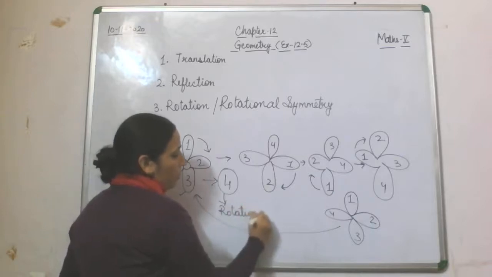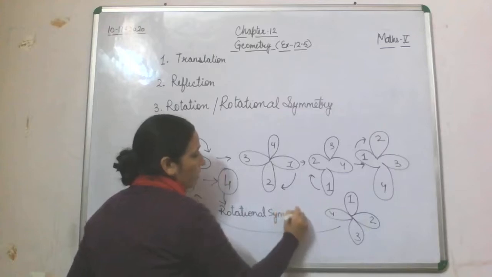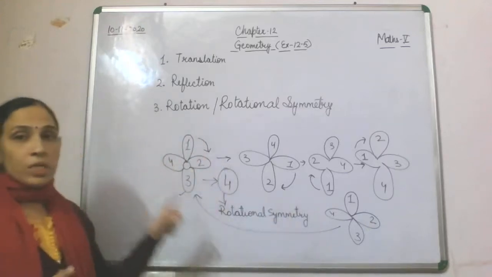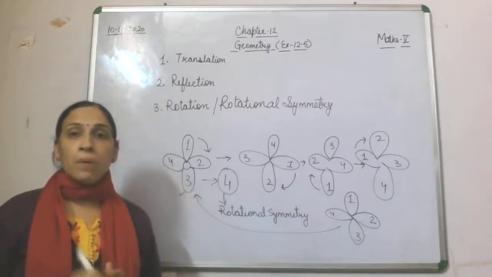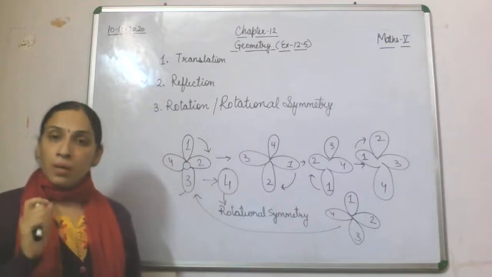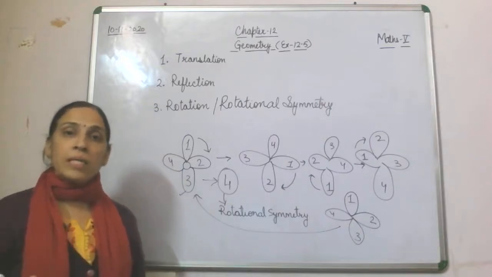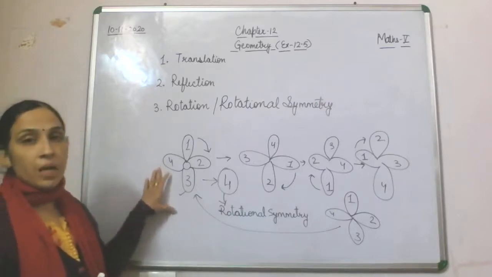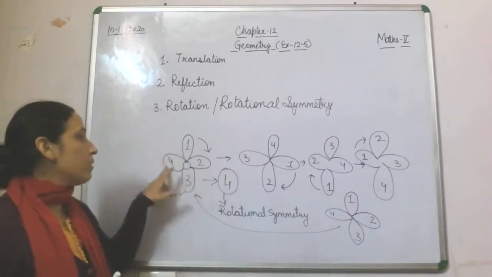I hope you are able to understand what we are talking about, rotational symmetry. Let's see once again. What do you mean by rotational symmetry? Rotational symmetry means rotating a particular figure that many times until you get the original figure. We have taken this fan with 4 wings, 1, 2, 3 and 4.